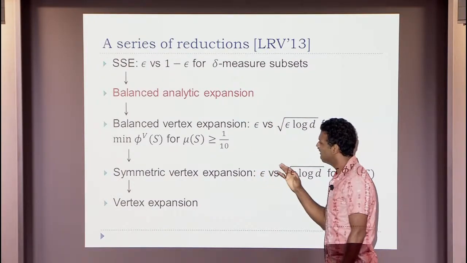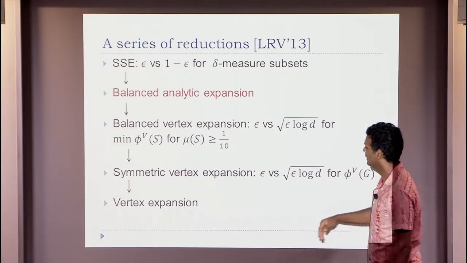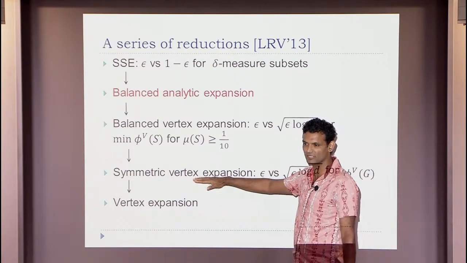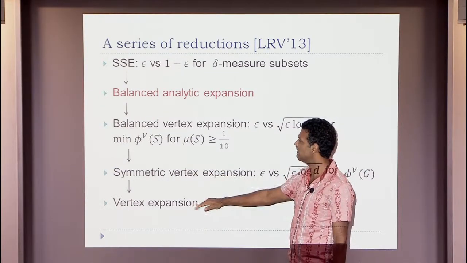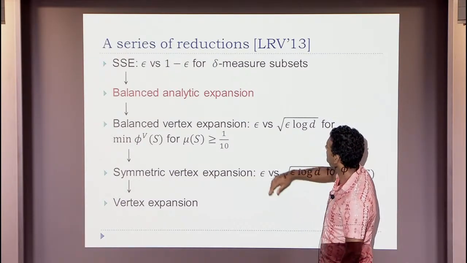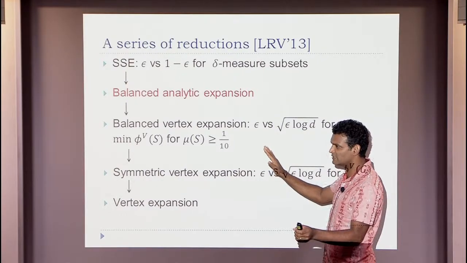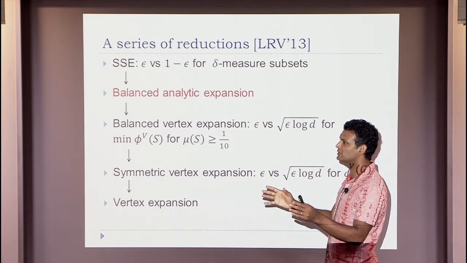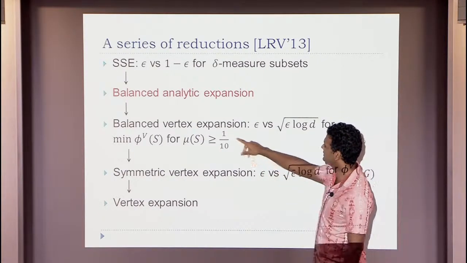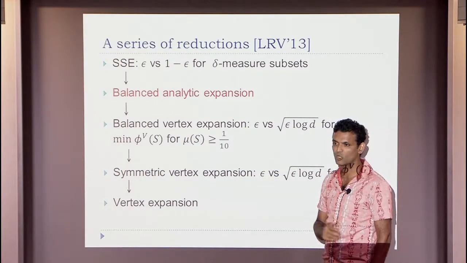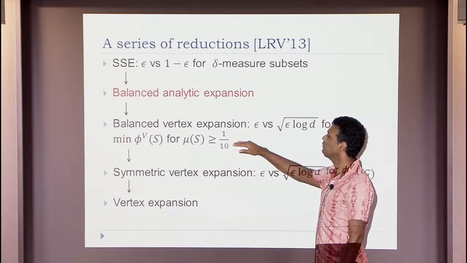So on the way, some nice things happen. This step I've basically skipped for this talk completely. We assume we're already interested only in symmetric vertex expansion. You lose a constant here. Balanced vertex expansion is the same as vertex expansion, but you're only looking at vertex expansion of subsets of measure at least a constant fraction. So not the vertex expansion of the entire graph, but only subsets of at least that size.